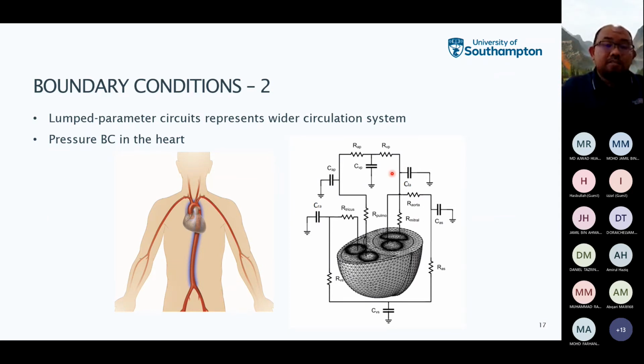It can take some blood, and it can also restrict the blood motion. So we can represent that behavior using resistance and capacitance, just like a circuit. With this circuit, we are able to determine the pressure that's being applied on the heart. And this pressure, afterwards, we can apply as a pressure boundary condition on the ventricular wall of the heart.